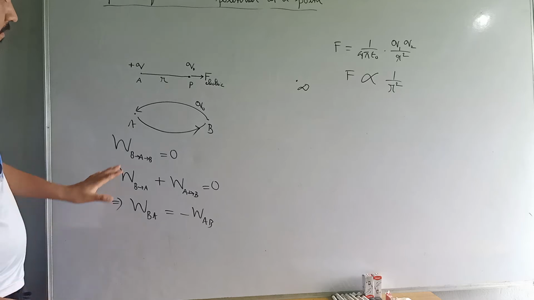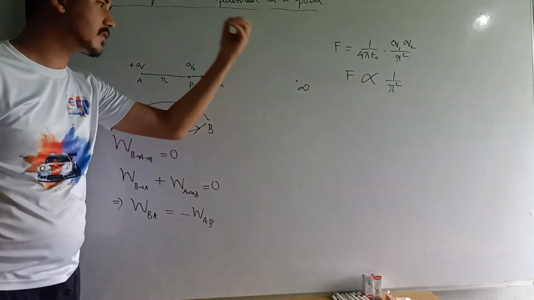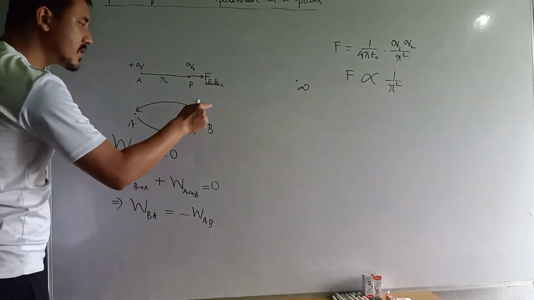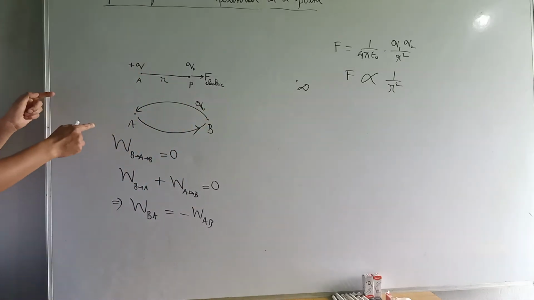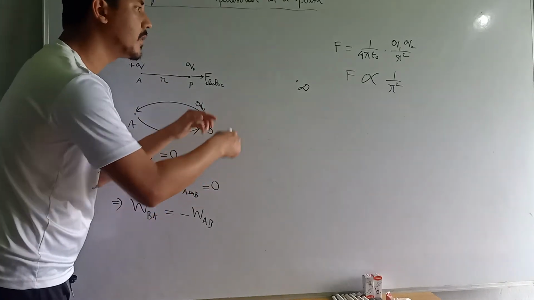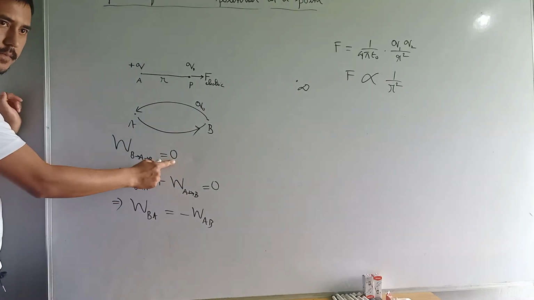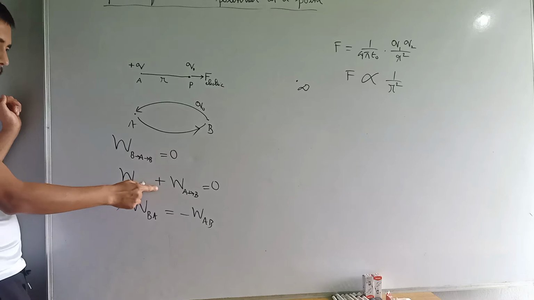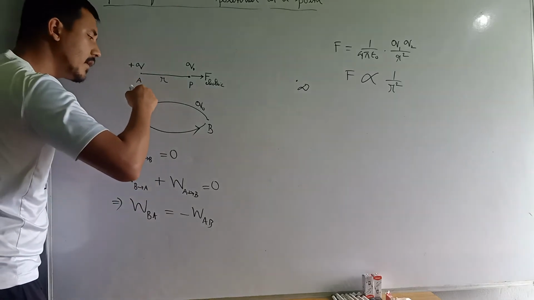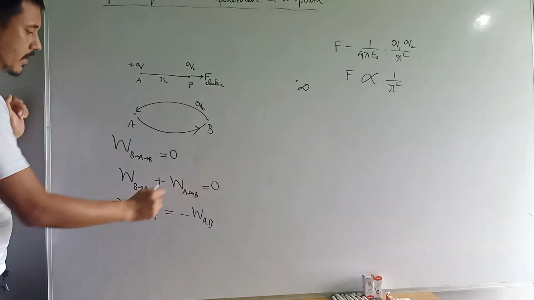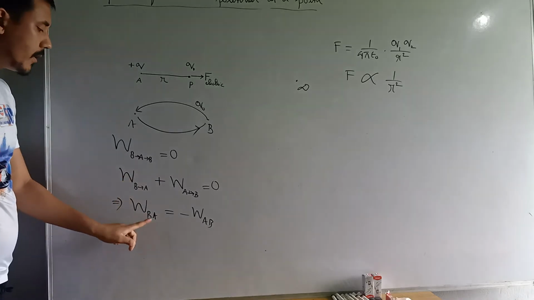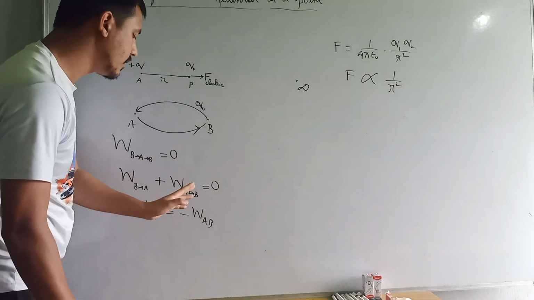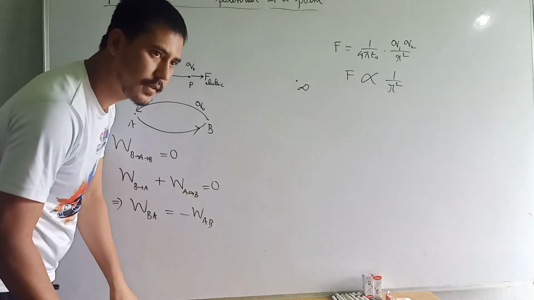You take this test charge Q naught from B to A and then from A to B. Then the total work done will be 0. In that case, WBA, work done in bringing from B to A, will be negative of work done in taking it from A to B again.